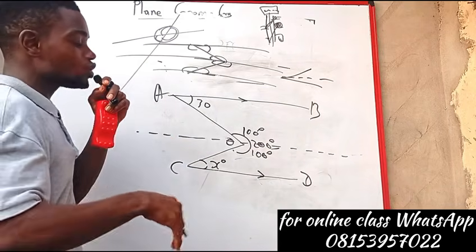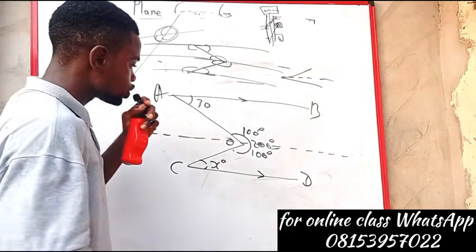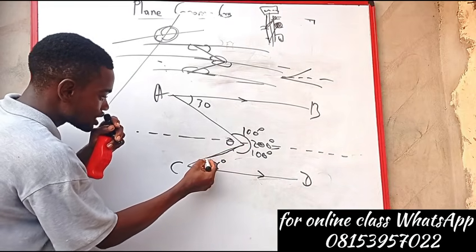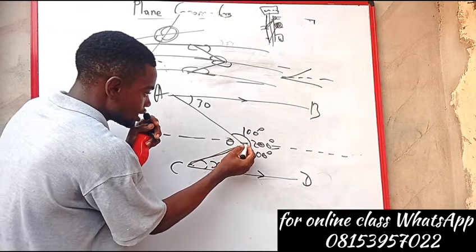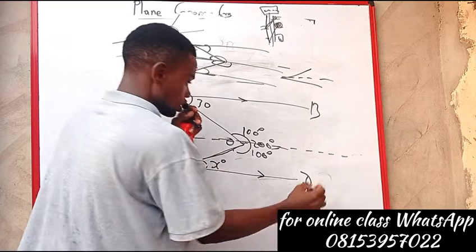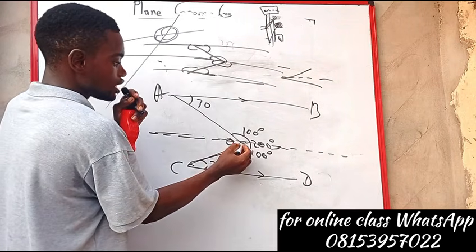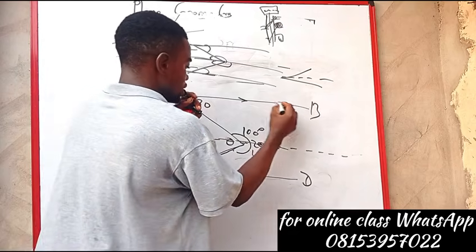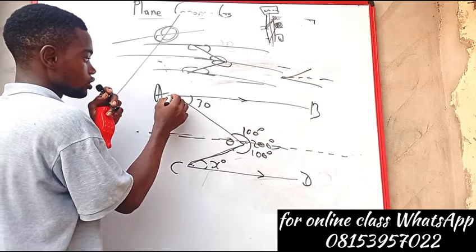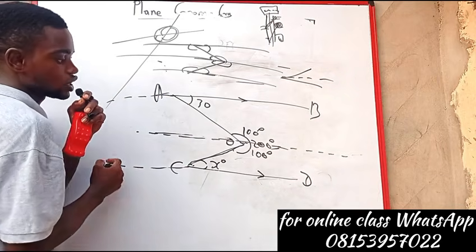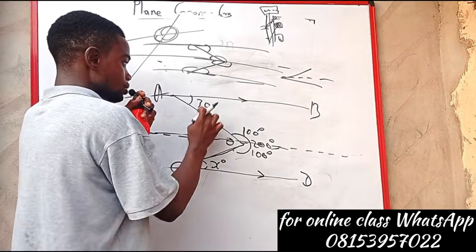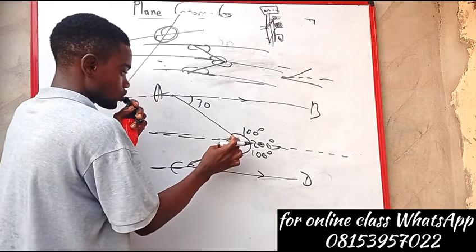Now have you seen that we have a relationship? This line now becomes a transversal with this line and this line over here. This line is also a transversal with this parallel line and the same line that I've drawn. Extend this one. So this is a transversal between this line and this line, and there's also a transversal between this one and this line.